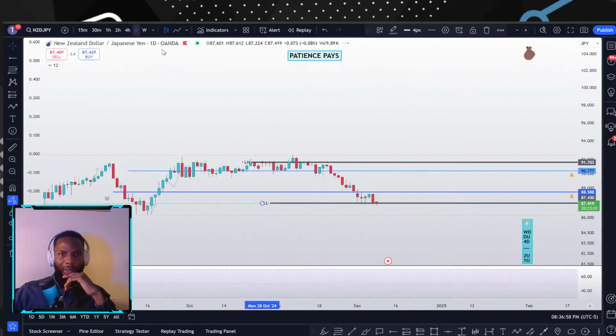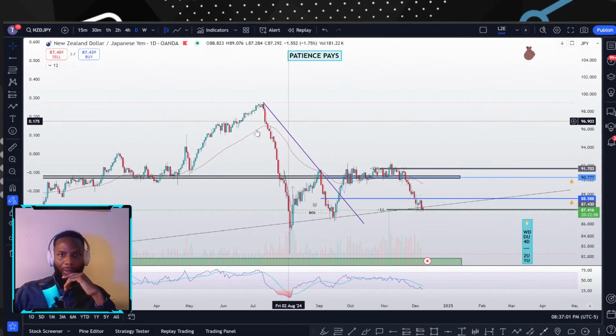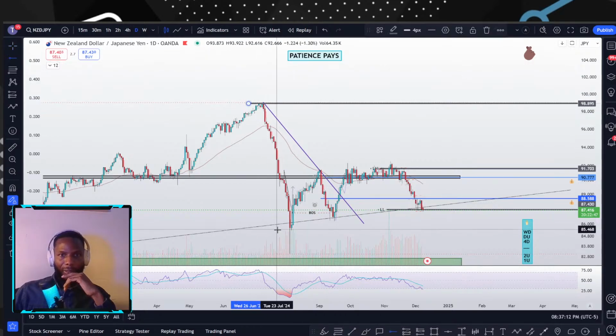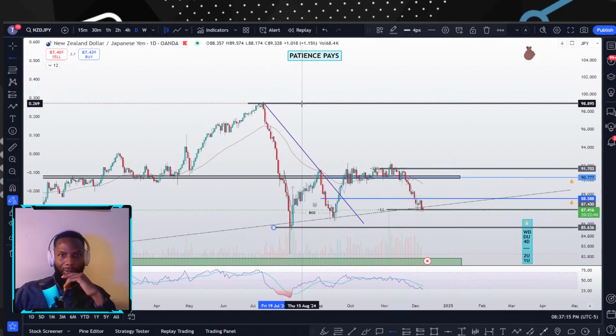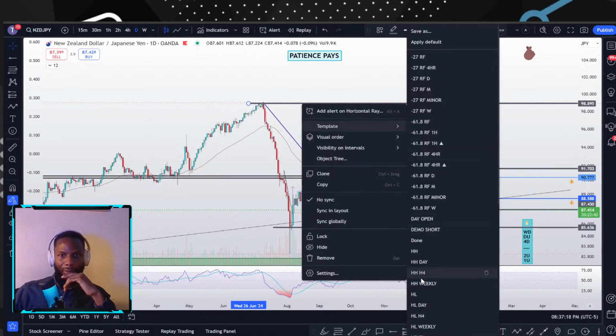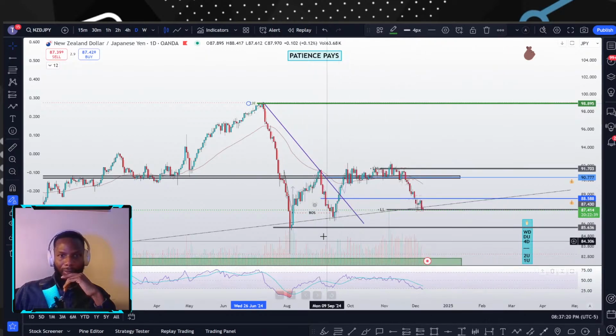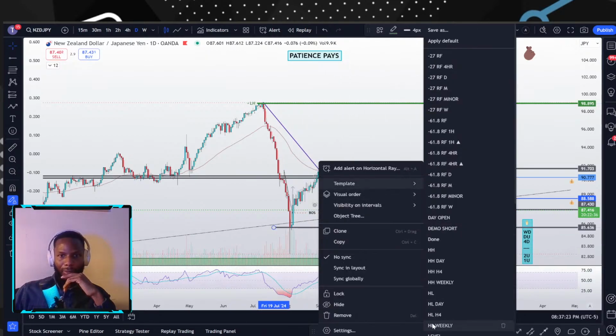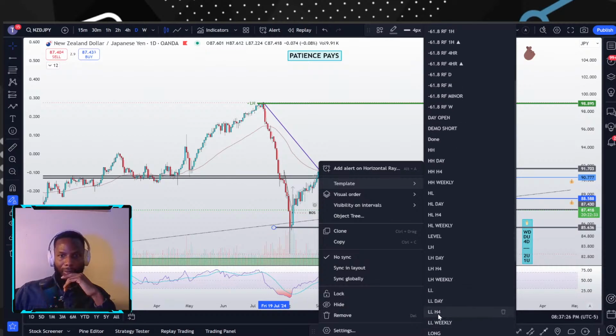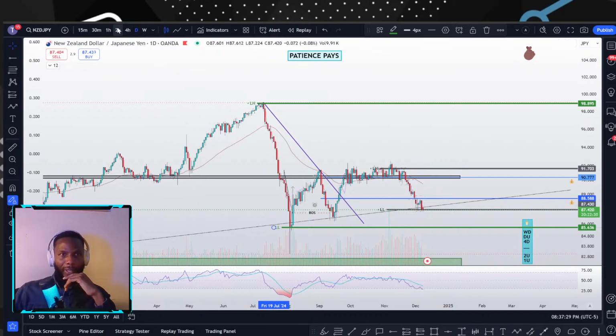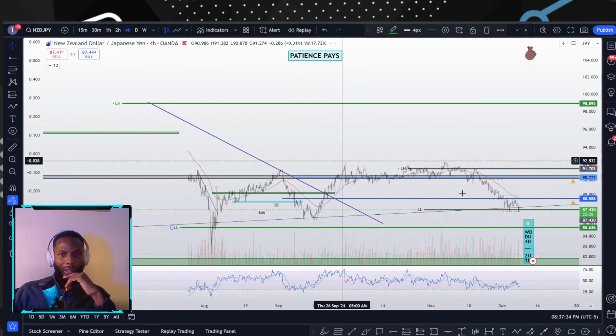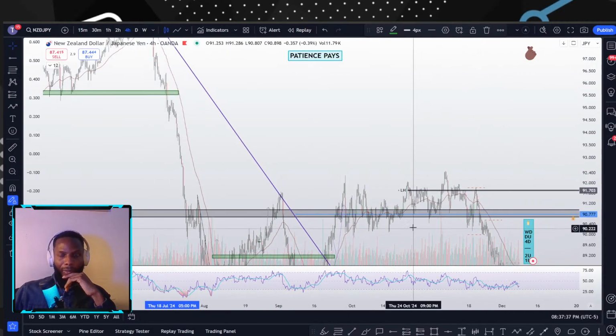Now we have the daily, which is also heading down. Starting from here all the way down to here. And then the last one I want the levels for is the 4 hour time frame.